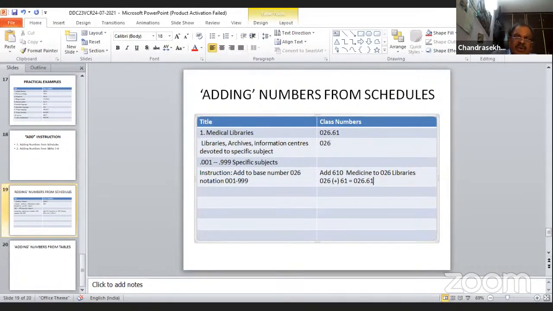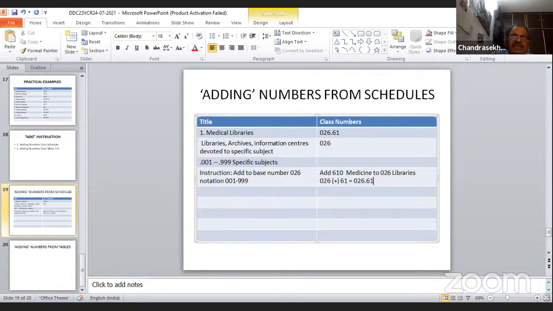So here, to 026, we are adding the medicine number. 610 is medicine, so 610 we have added. Add here does not mean mathematical addition; that's why I kept it in circular brackets. We have to attach it.